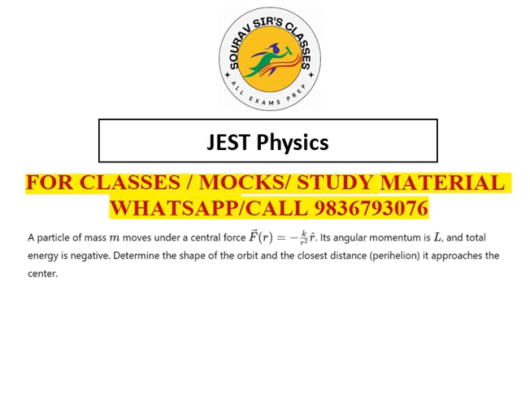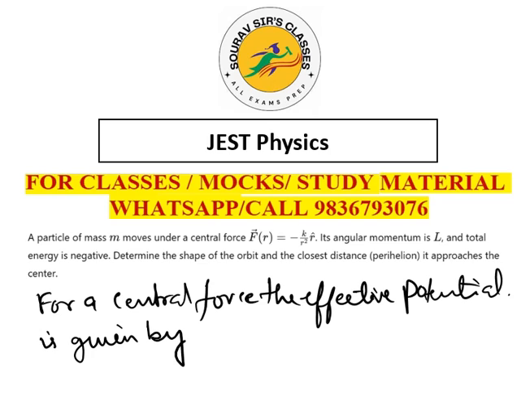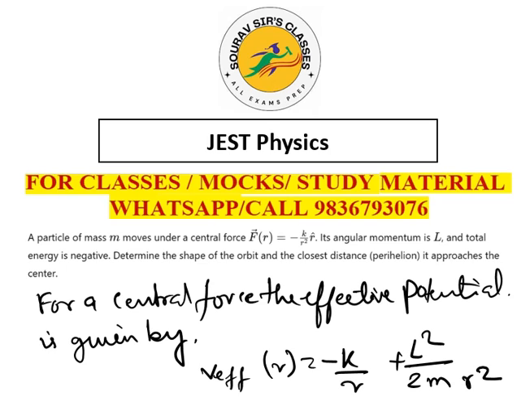For a central force, the effective potential is given by V effective proportional to minus K by R plus L square by 2m R square, right?